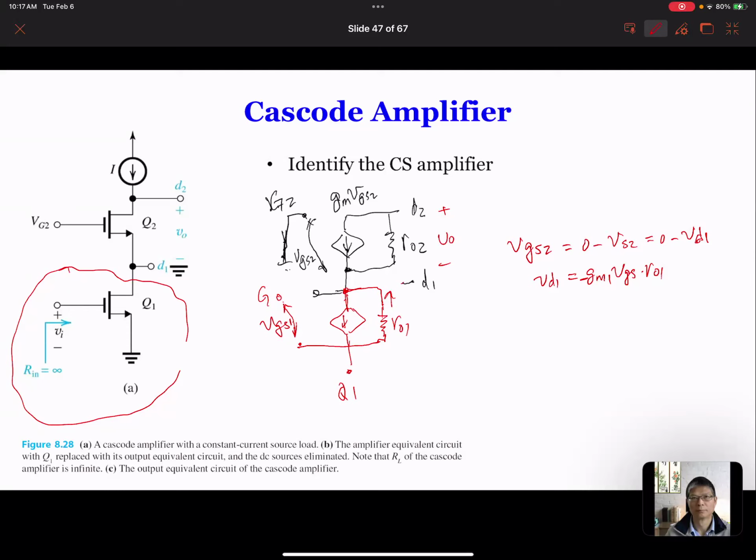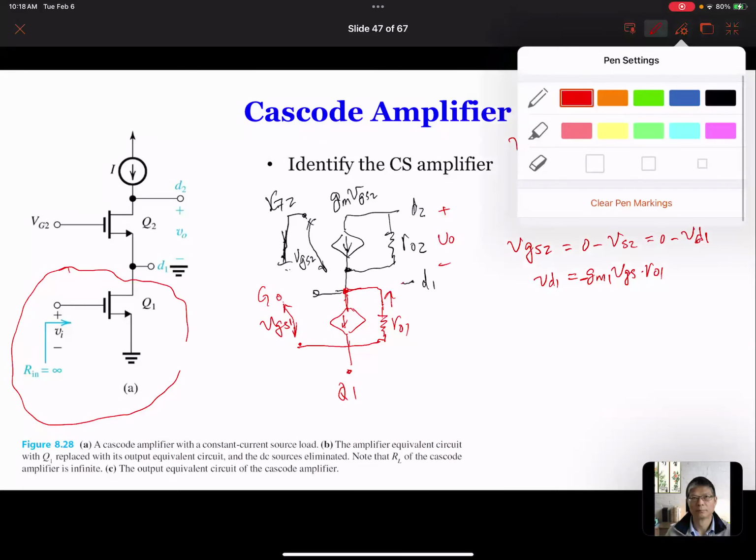So now let's calculate VD2. So VD2 is going to be VD1 plus, or in this case, in fact, it's going to be not plus.